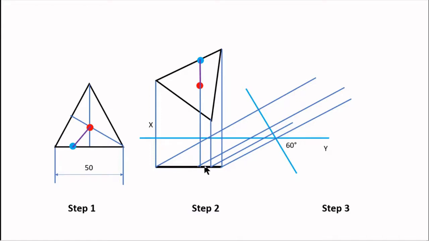So the projectors I'll be drawing perpendicular to the auxiliary plane, so this angle here is 90 degrees, and the distance I'll be taking from the front view. From XY, I'll be measuring the distance of the respective points and finding the final position like this. On it, I will be locating the centroid and point of suspension as well. So this would be the problem overview, and let's move on to the actual problem solving.